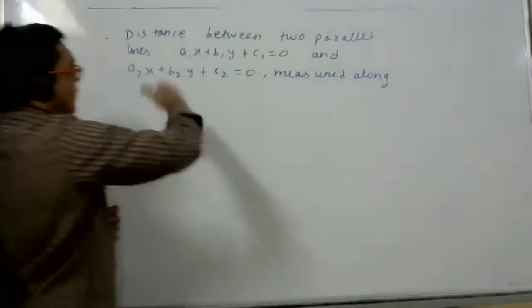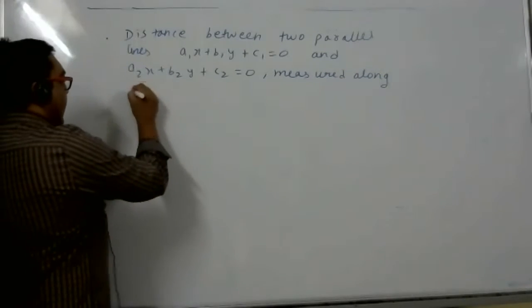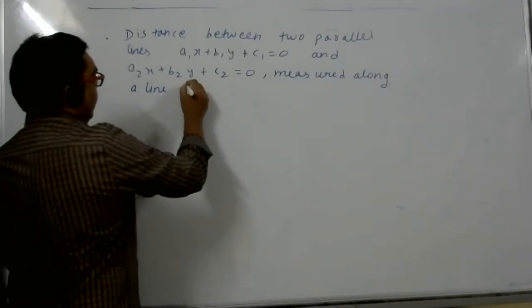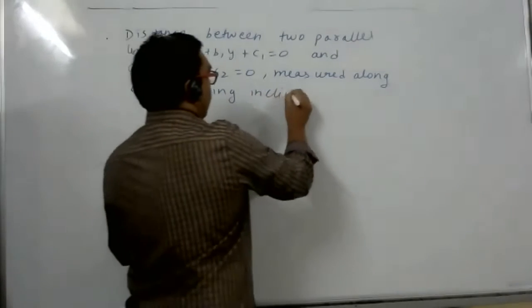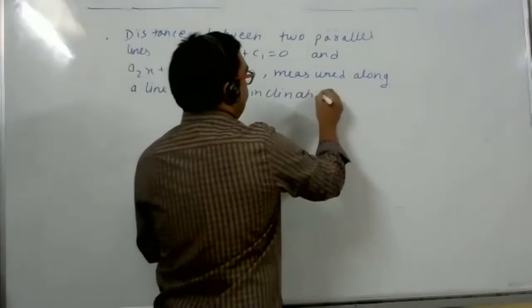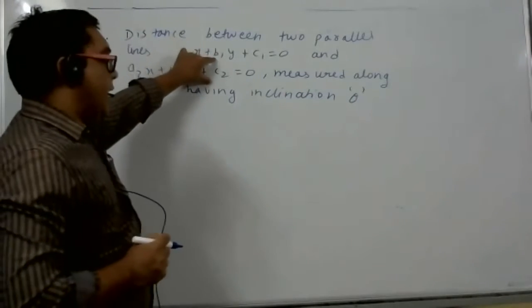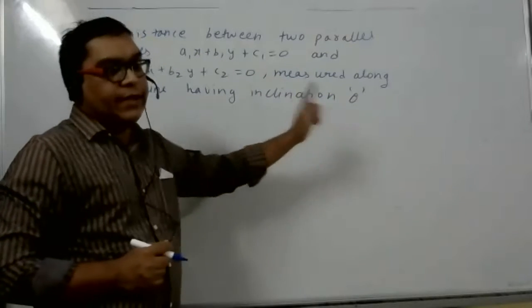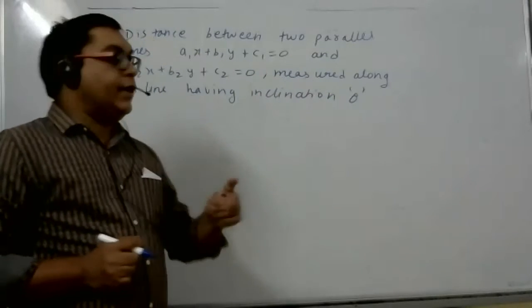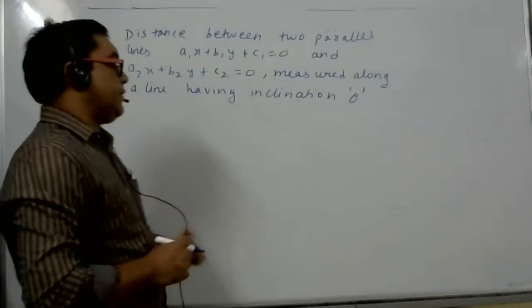We have to find the distance between these two parallel lines measured along a line having inclination theta. So what is the distance between these two parallel lines measured along a line having inclination theta?